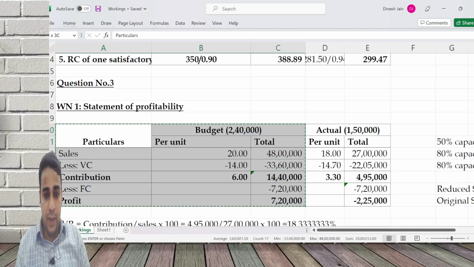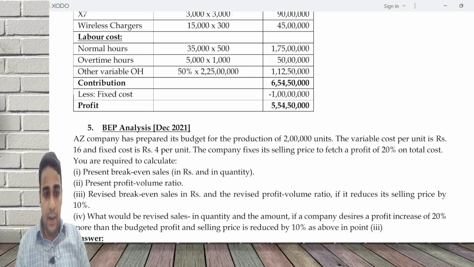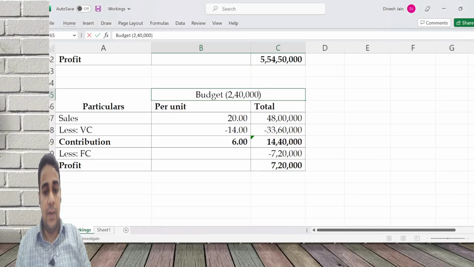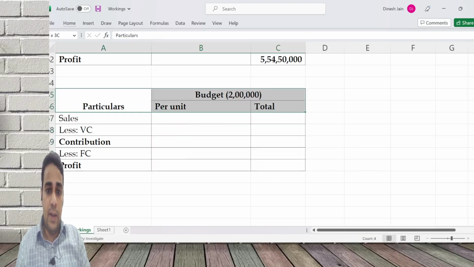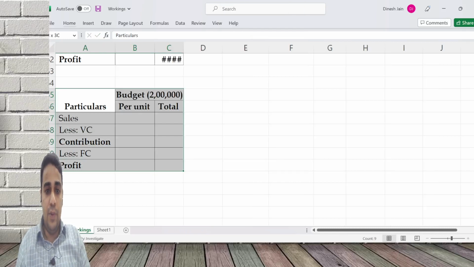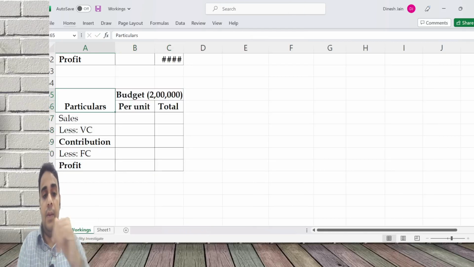Particulars, 2 lakh units, per unit and total. Sales less variable cost, contribution less fixed cost, and profit.